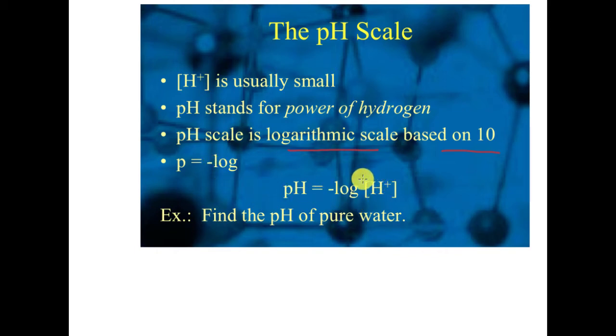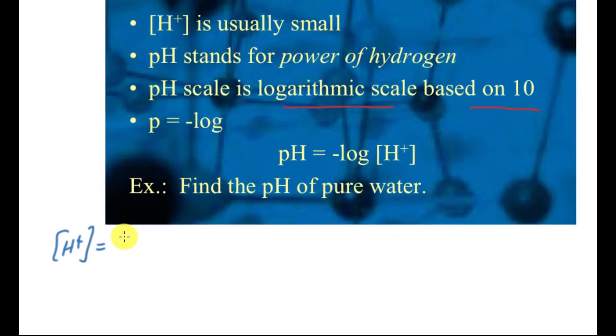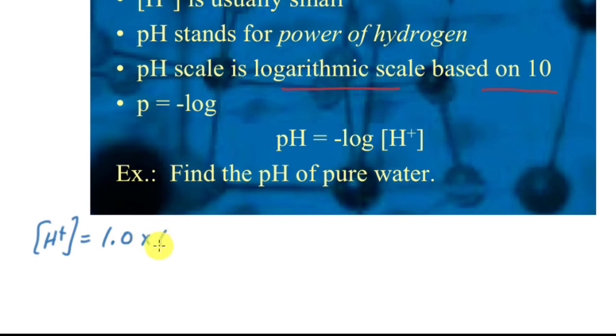So what we're going to do is take our concentration of hydrogen ion and take the negative log to get the pH. So we're going to find the pH of pure water. Well, remember, pure water has a hydrogen concentration of 1.0 times 10 to the minus 7 molar.